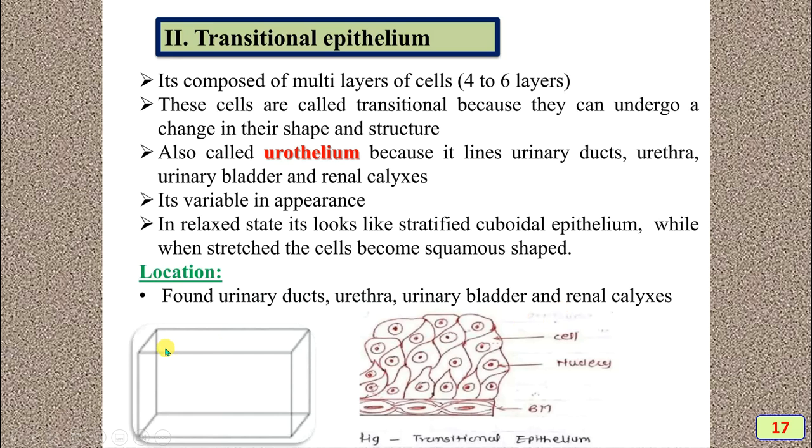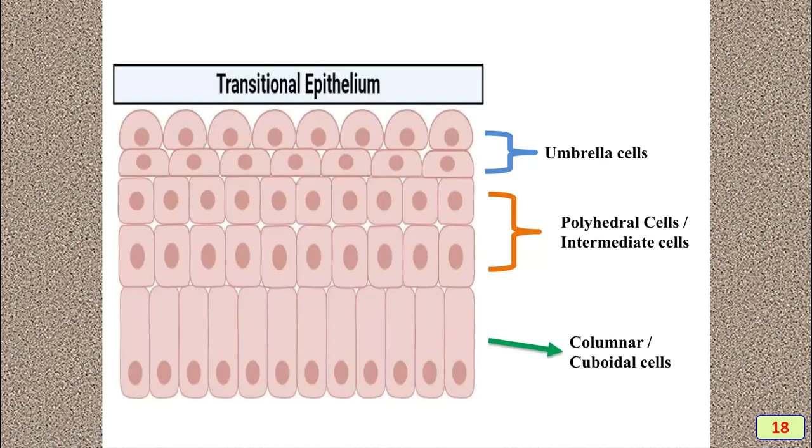So these are the transitional epithelial cells. Why are they called transitional? Because they can undergo a change in their structure and also shape depending upon the function. Hence, they are called transitional epithelial cells.